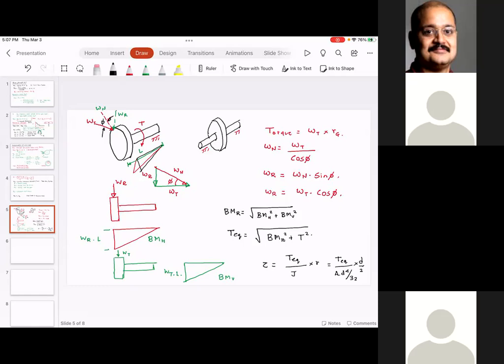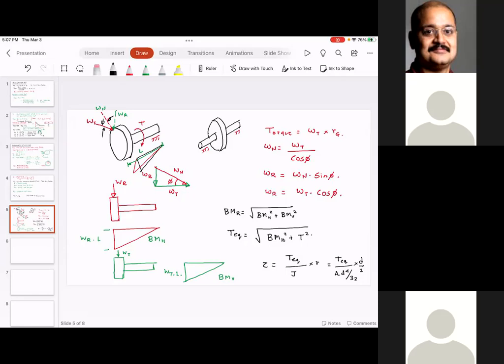There is one variation possible. The problem that we solved is for a cantilevered gear, but sometimes the gear could be simply supported, which means you can have supports on either side. What changes in that case?